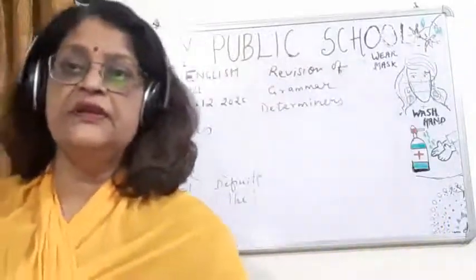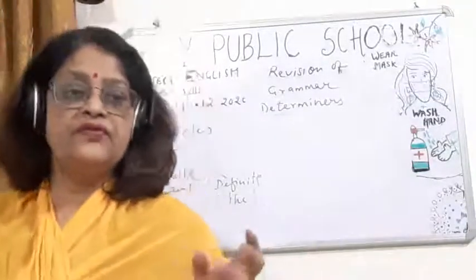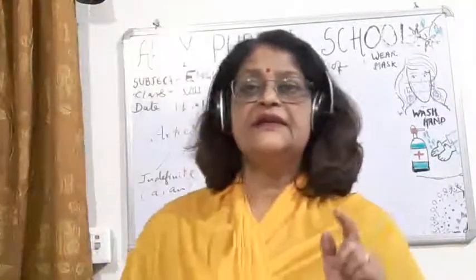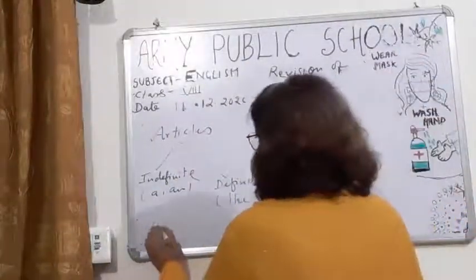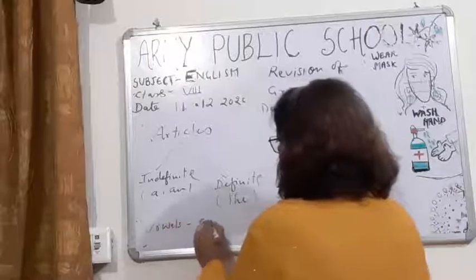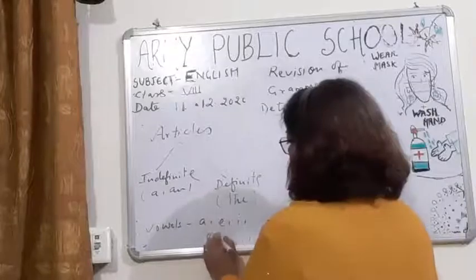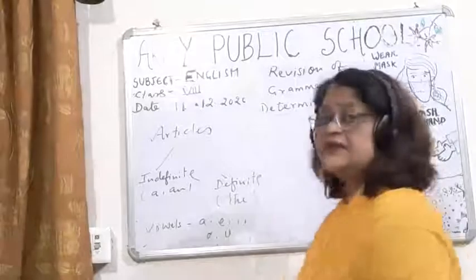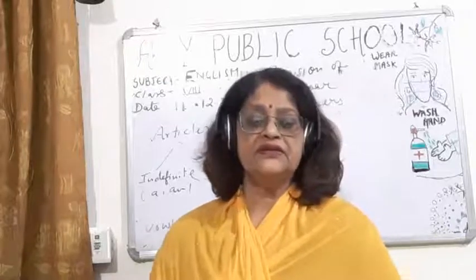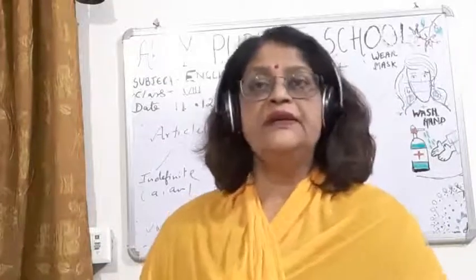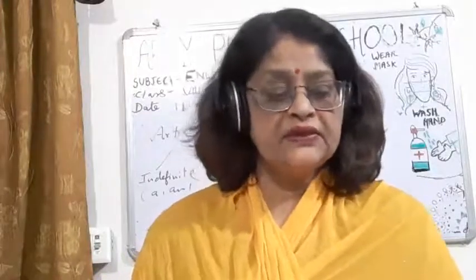Now children, in vowel we are having 5 letters, that is A, E, I, O, U. And the rest is consonant. The other letters like B, C, D, Z, these are consonant.